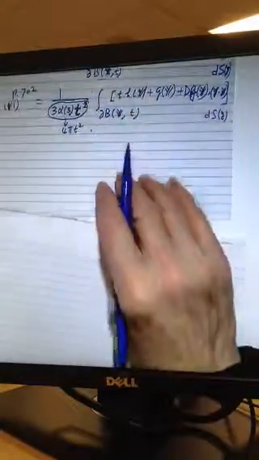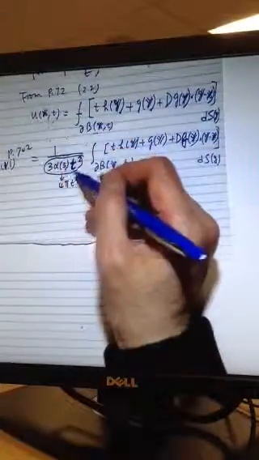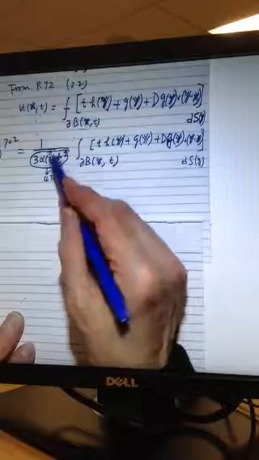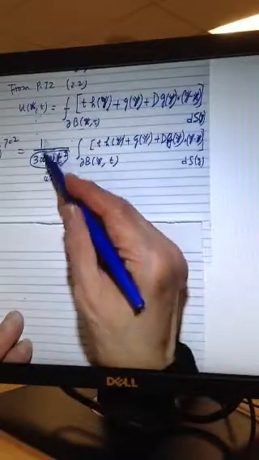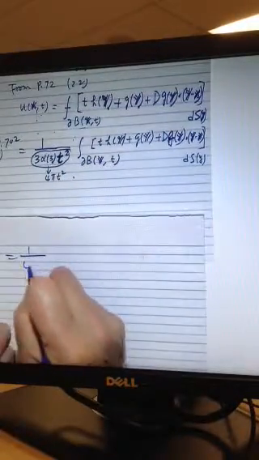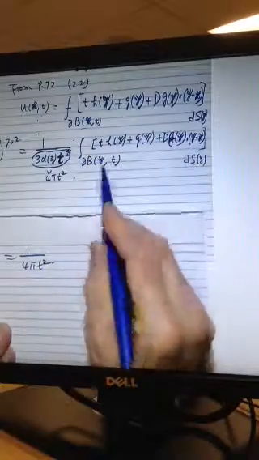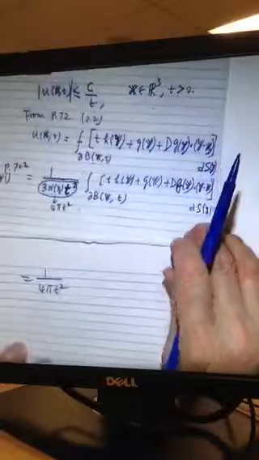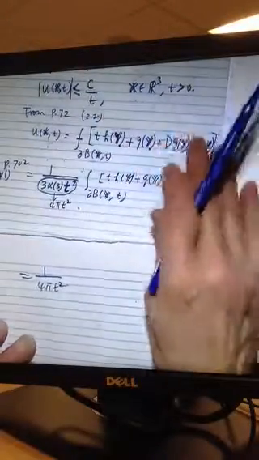So this is equal to this. We don't worry about this, because this is a fixed number, 1 over 4 pi t squared. What we worry about is this integral, because this is what we want to show, C over t.